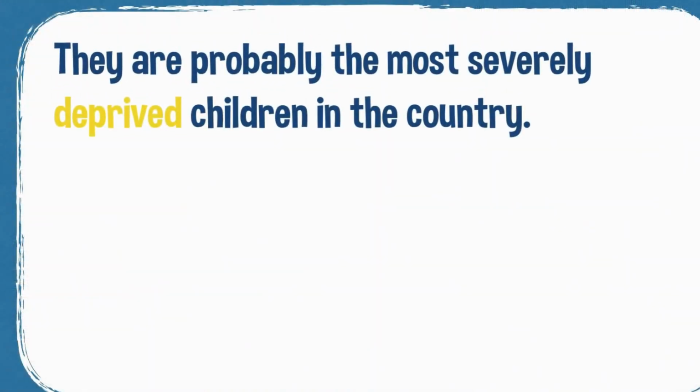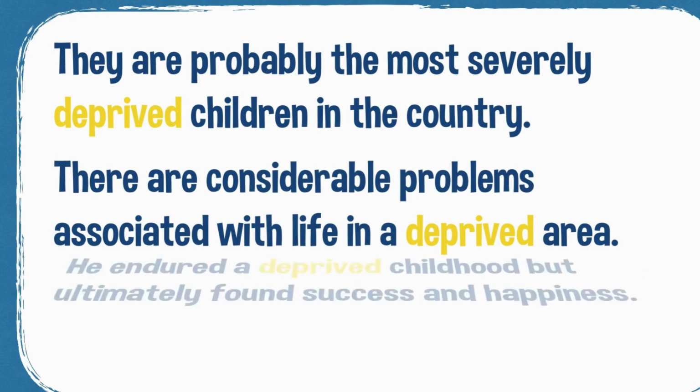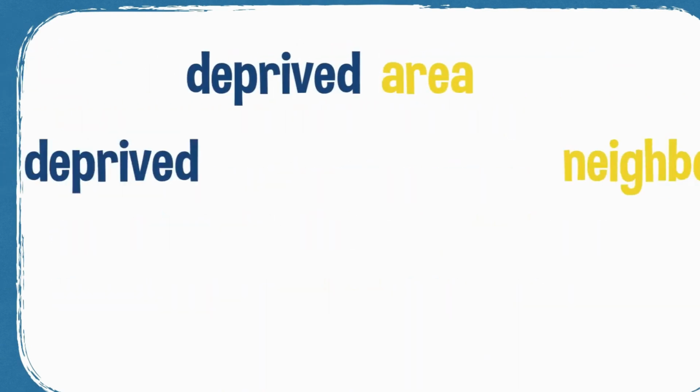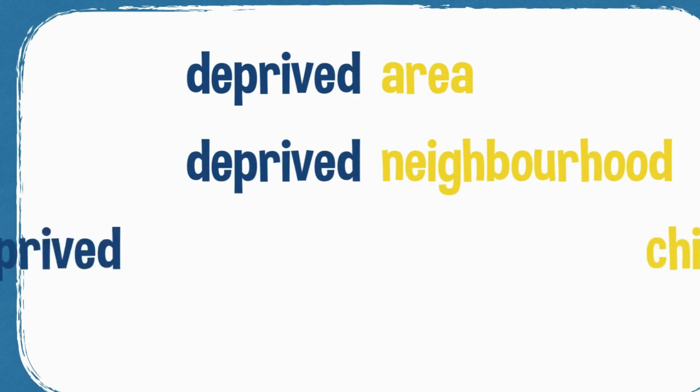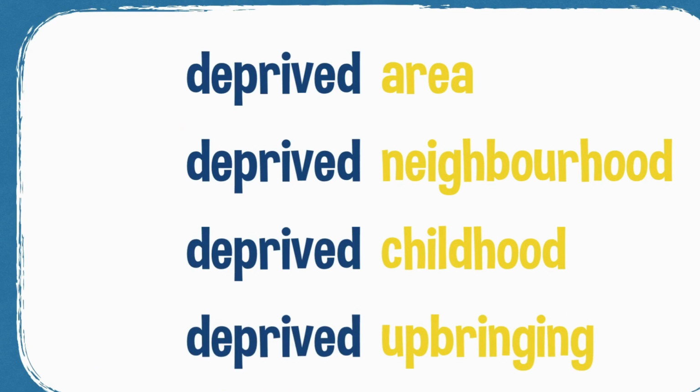So, for example, they are probably the most severely deprived children in the country. There are considerable problems associated with life in a deprived area. He endured a deprived childhood, but ultimately found success and happiness. Some common collocations: deprived area, deprived neighbourhood, deprived childhood, deprived upbringing.